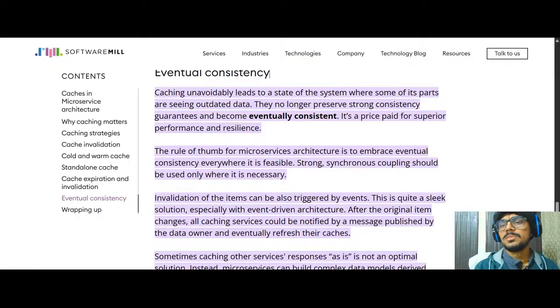They no longer preserve strong data consistency guarantees and become eventually consistent. It's a price paid for superior performance and resilience. The rule of thumb for microservice architecture is to embrace eventual consistency everywhere it is feasible. Strong synchronous coupling should be used only where it is needed.